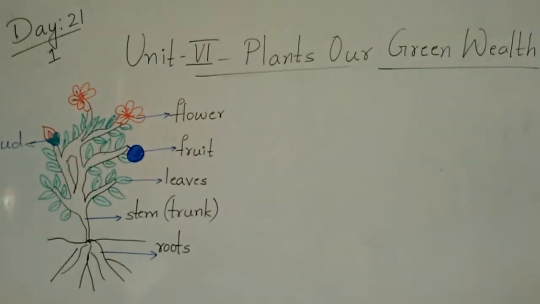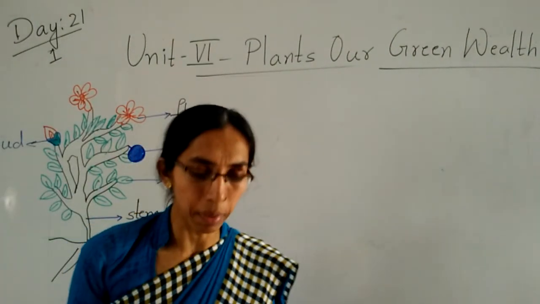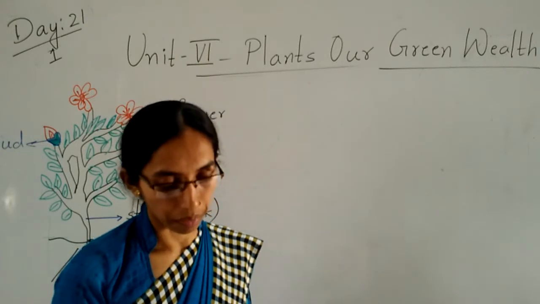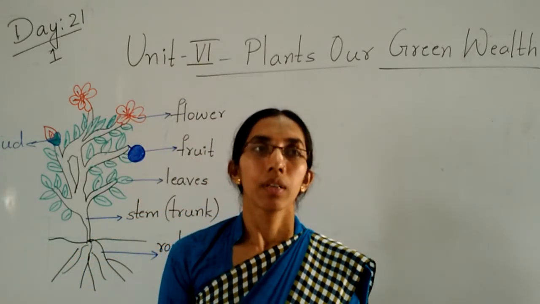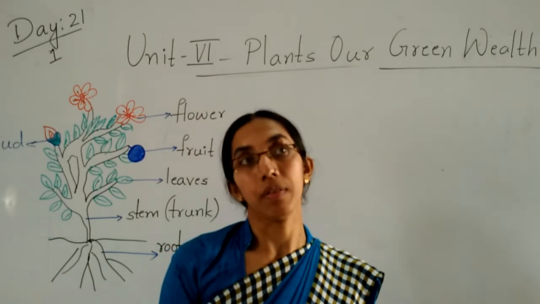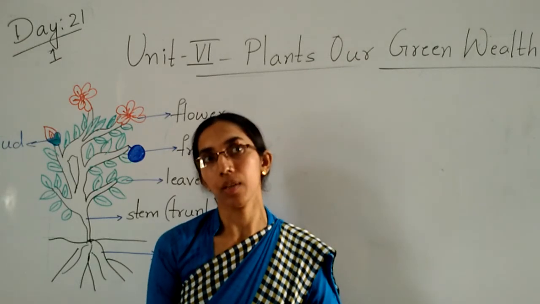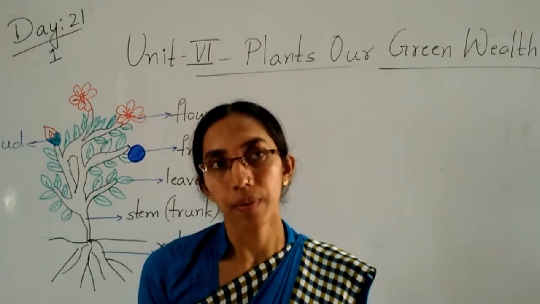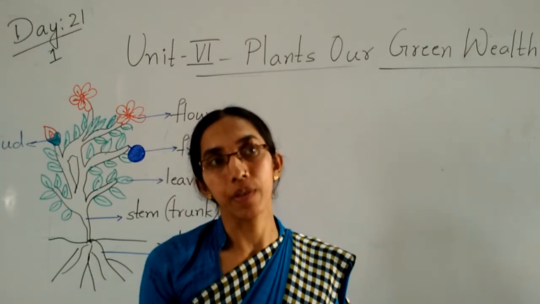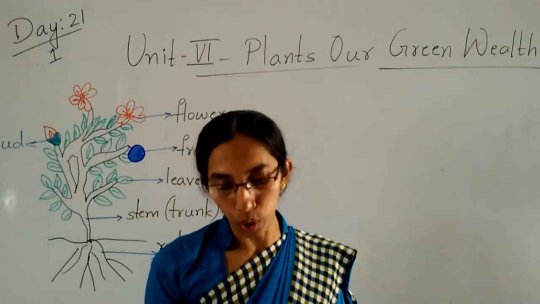The next we will see numbers of things we will get from some animals and trees. Numbers of things we will get. Yani children, what we will get? Tell me. With the trees, we will get the fruits, flowers, wood.